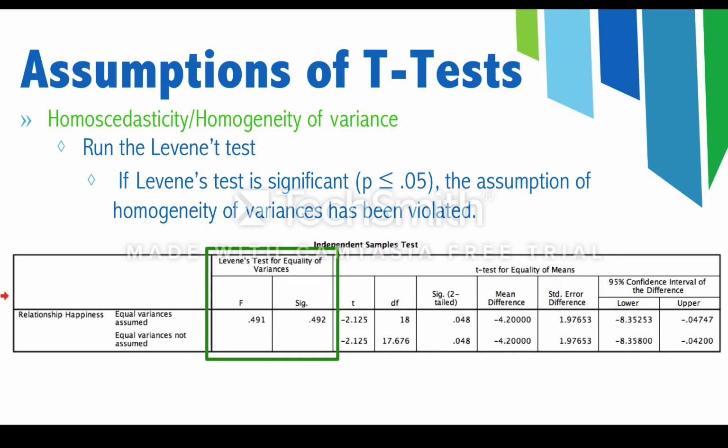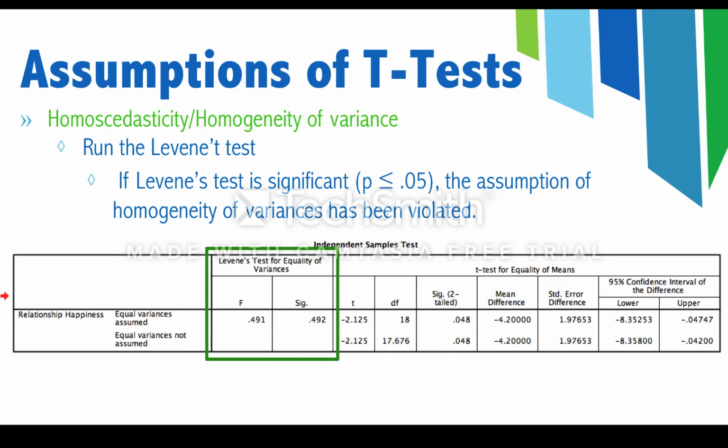Either way, SPSS Statistics uses Levene's test of equality of variance to check for homogeneity of variance, which is also known as homoscedasticity. You do not get this test when you actually explore your data. It will appear after you run your independent samples t-test.